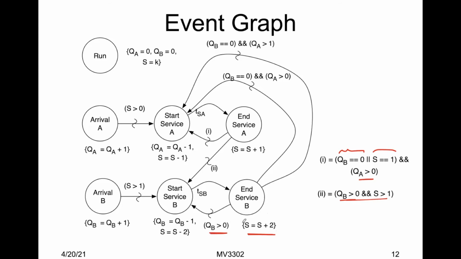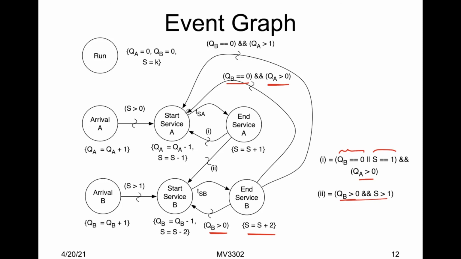However, there are two other possibilities. So what if there are no Bs available, then if there is an A available, then we can schedule a start service on it.